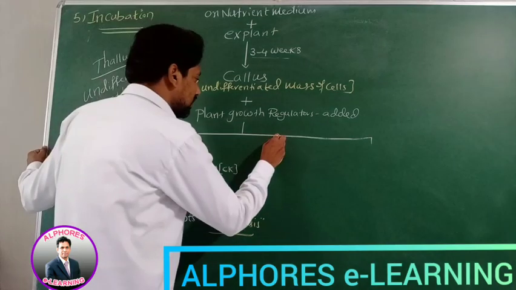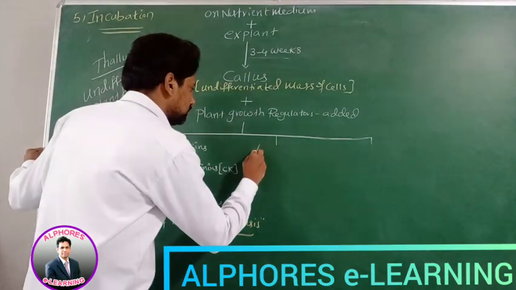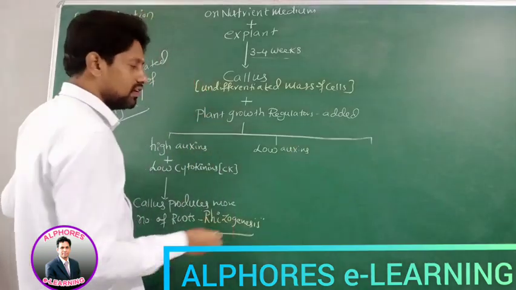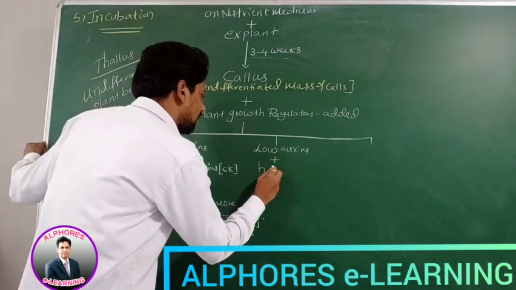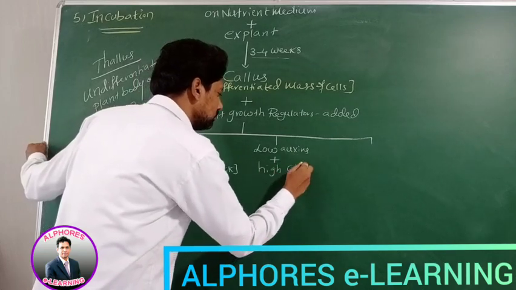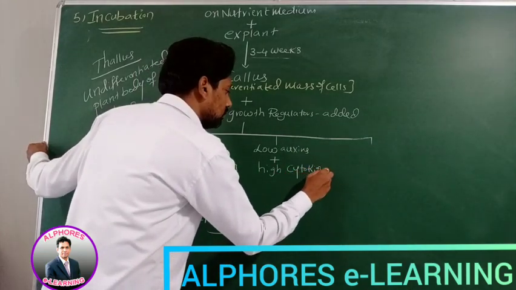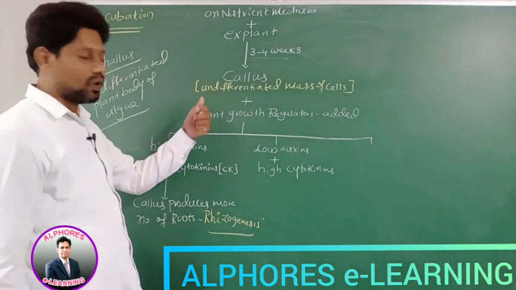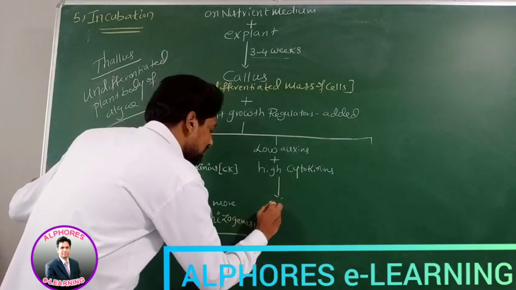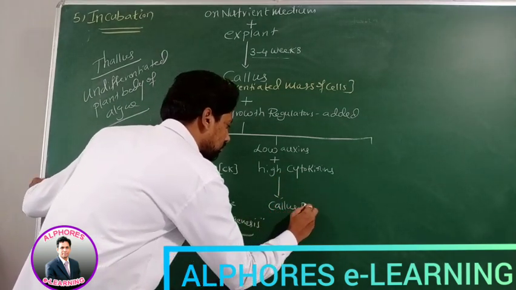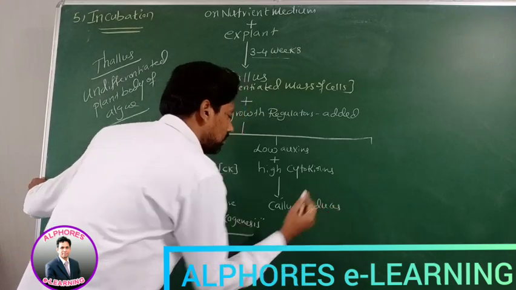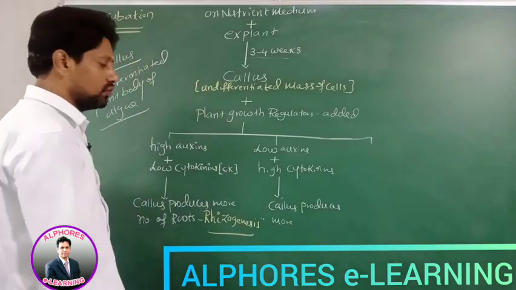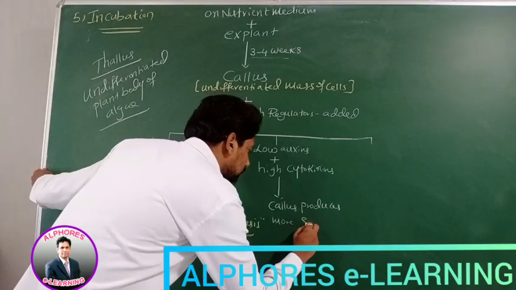If a low amount of auxins and a high amount of cytokinins are added to the nutrient medium, then callus produces more shoots.